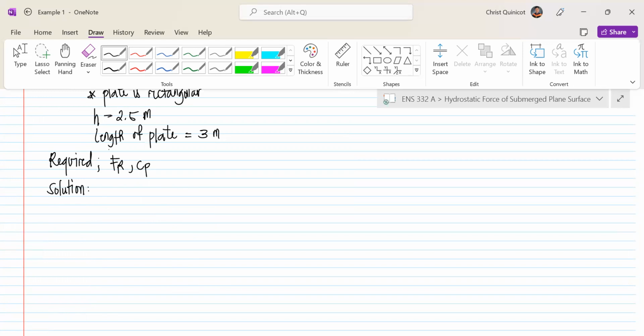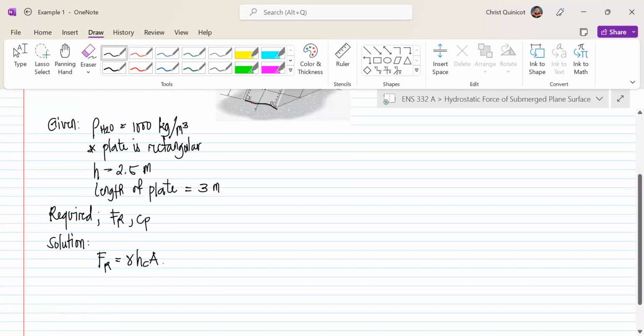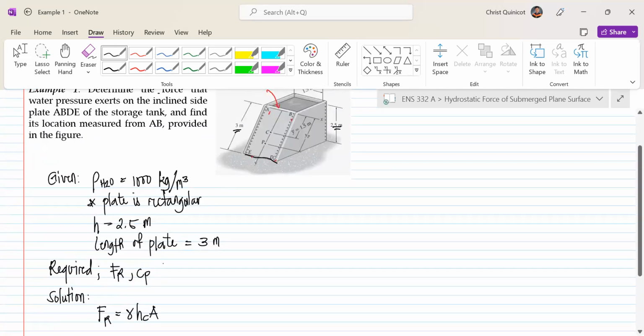Okay, so for our solution, now in order for us to get the value of our F sub R, the formula would be gamma times H sub C times our area. Now I have mentioned that the height of our column of fluid is 2.5 meters. So if this is our plate, let us have a side view. This is 3 meters, right?